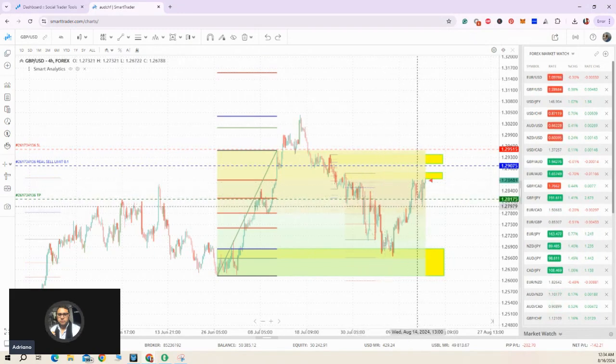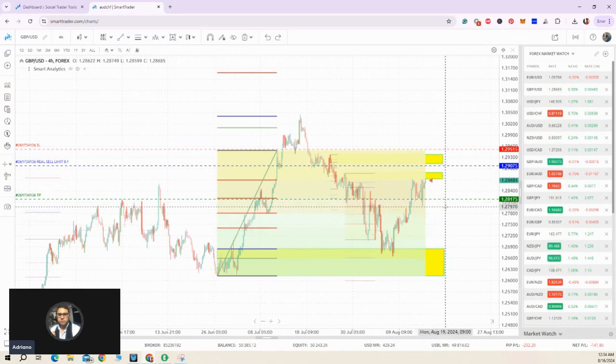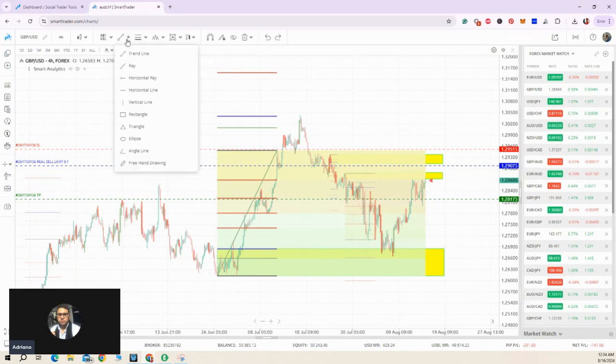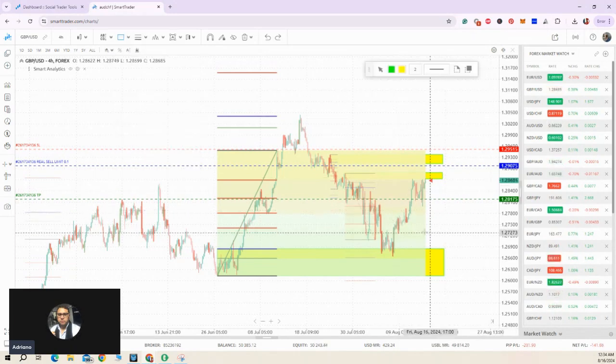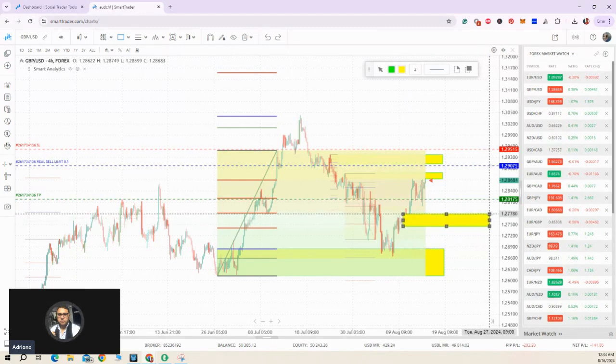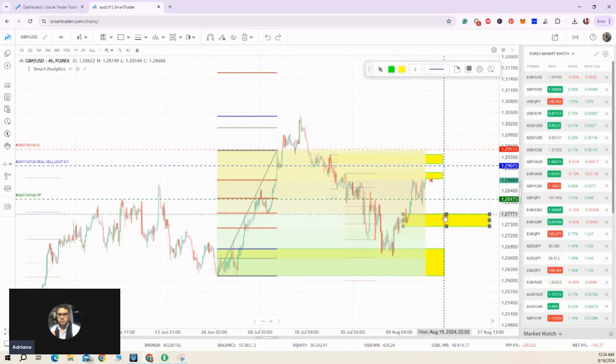We'll see if the market decides to come back here. You have to break this low, and then this one here, and then we have a demand, it's not a good demand, but there's a chance that the market might stop around this price point. You have to wait and see.